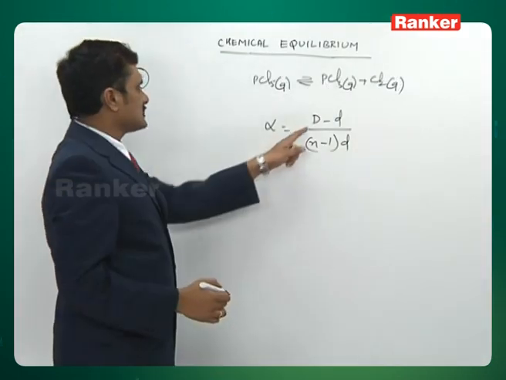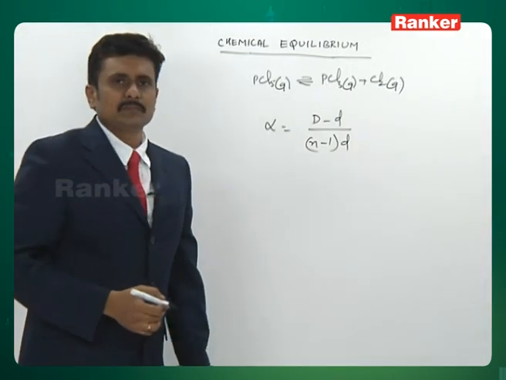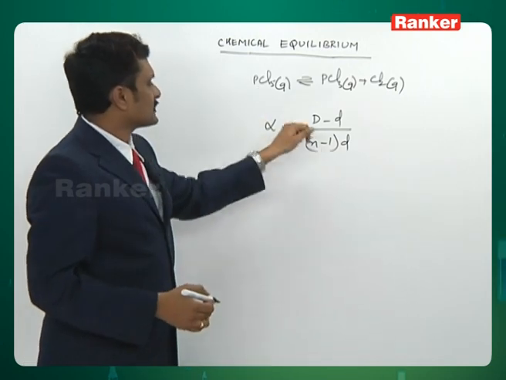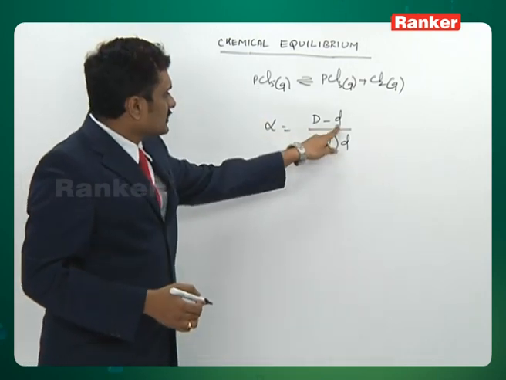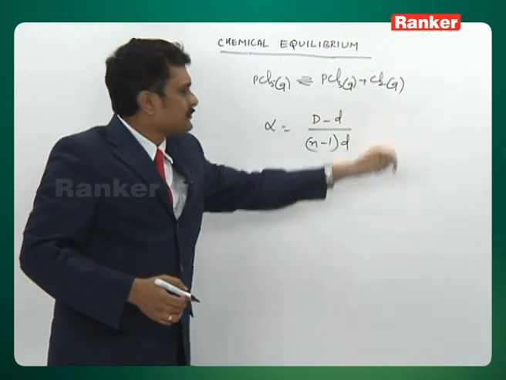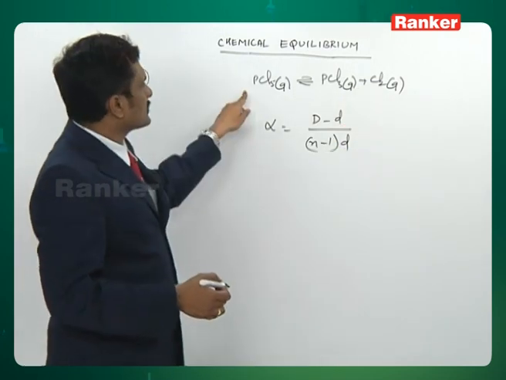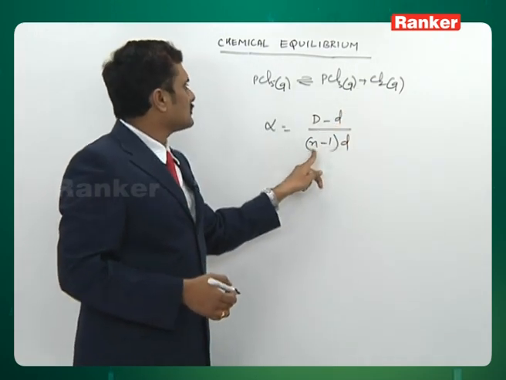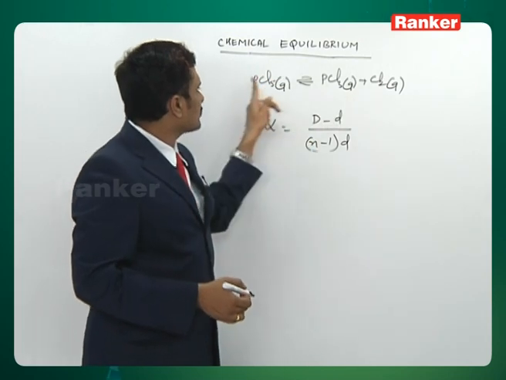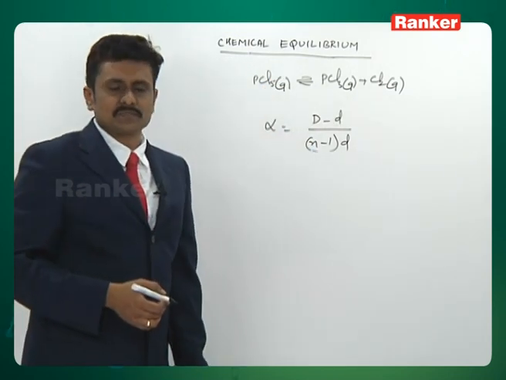Here D is the initial vapor density of the PCl5, because only PCl5 is present initially, and small d is the equilibrium vapor density. N is the number of moles of the products formed from 1 mole of the substance.